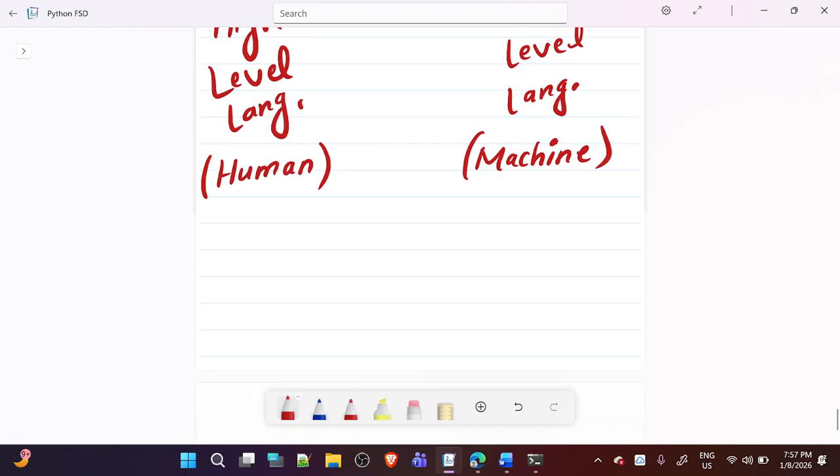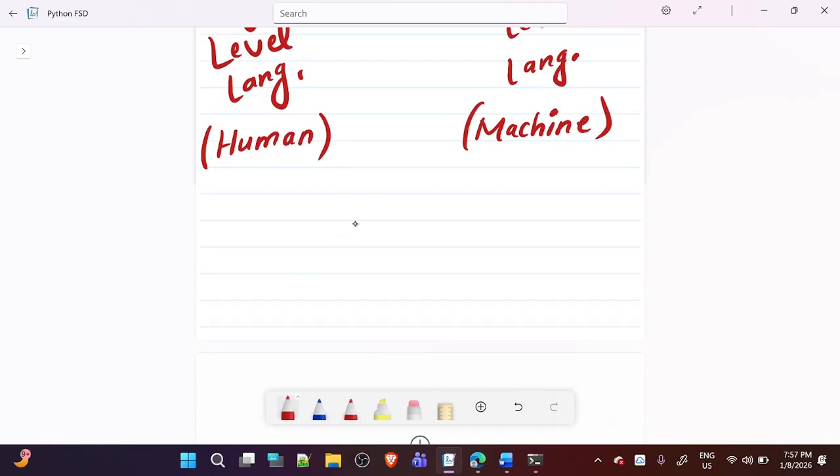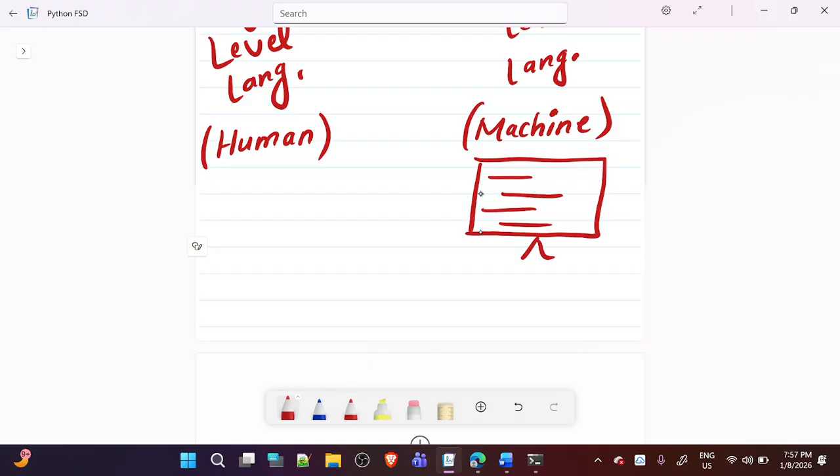What's the use of a machine? A machine will work for the human when you give instructions to the machine. We give these instructions to the machine in the form of a programming language.